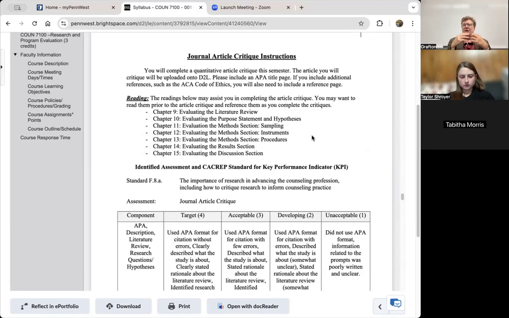Quantitative stats are ones where they did surveys or self-report surveys, or they did some type of testing, like a test or survey before they treated a client, and then a test or survey after they treated a client to see if there was any improvement.